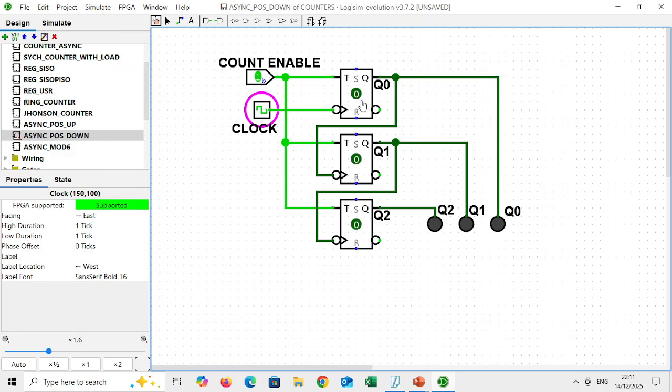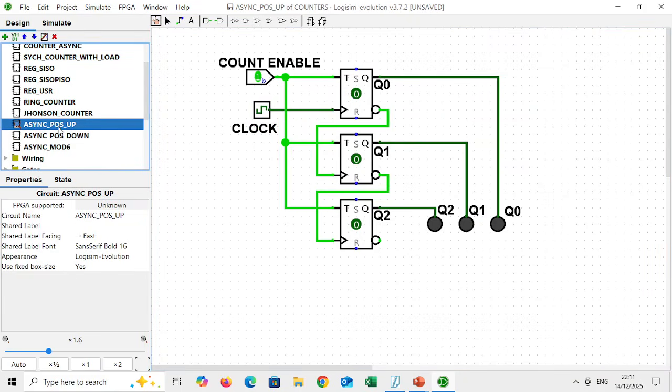Same way, if I take the up counter with a positive edge and change the edge here, the up counter becomes a down counter. So this is the difference we have to notice when we use different edge triggered flip-flops.